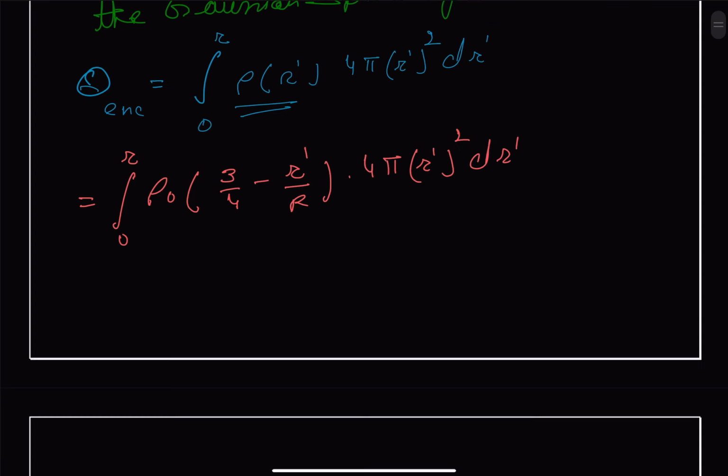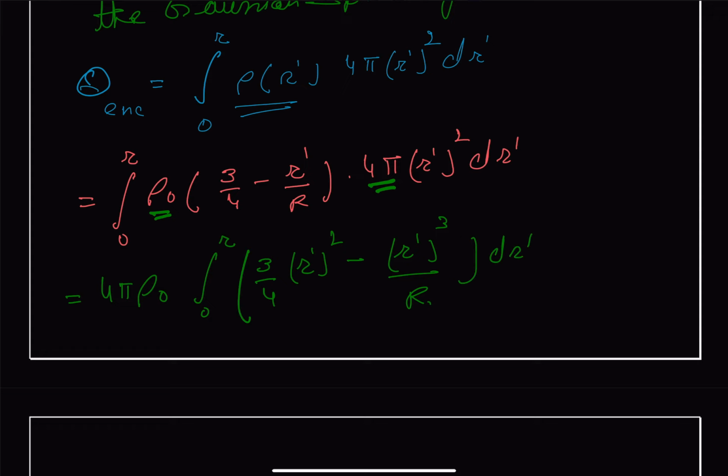We can take 4 pi and rho naught common, so this comes as 4 pi rho naught integration 0 to r of 3 by 4 r prime whole square minus r prime whole cube divided by capital R, dr prime.